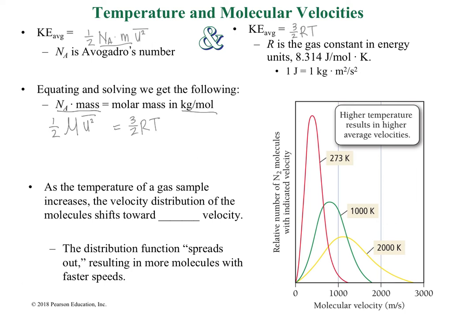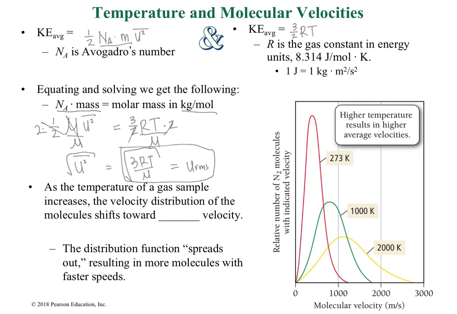So then if I want to get velocity by itself, I'm going to multiply by 2 and divide by the molar mass. So those cancel out. I get the average of the squared velocities equals 3RT over molar mass, and then I square root the whole thing, and that equals the root mean squared velocity. So that's how I got that equation on the other side.